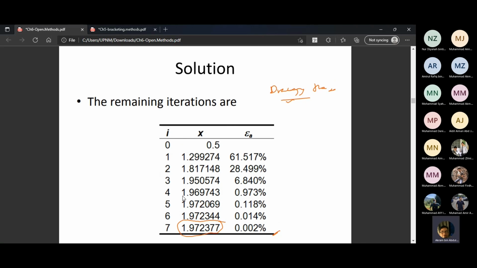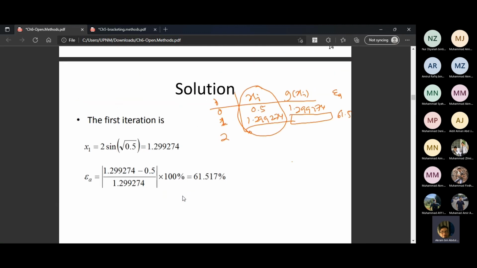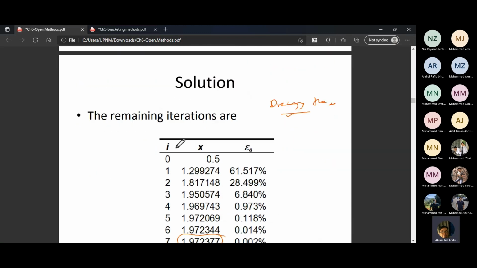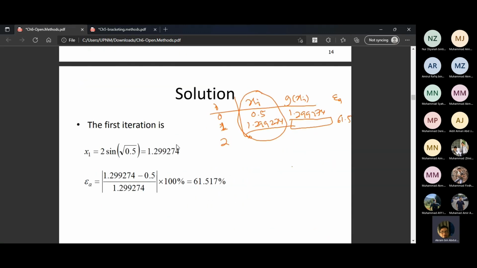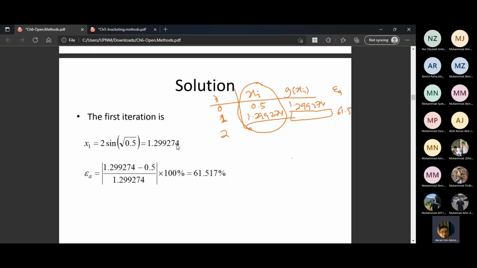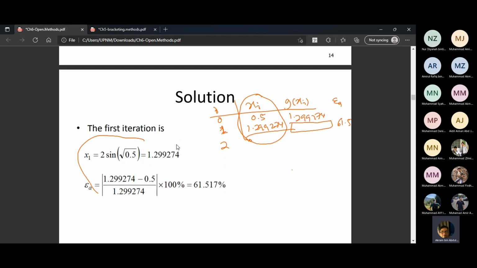Okay, if we complete the table, of course, in order to get this table, you need to calculate each iteration. So you still need to do the manual calculation for each iteration. For the first iteration, for x1, you get 2 sine square root of 0.5, which gives 1.299274 for g(xi).